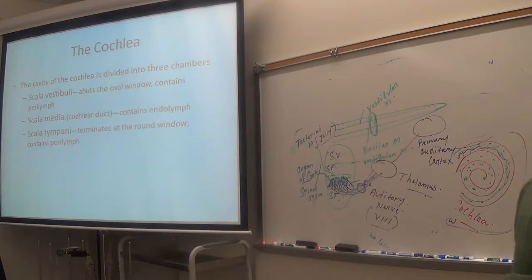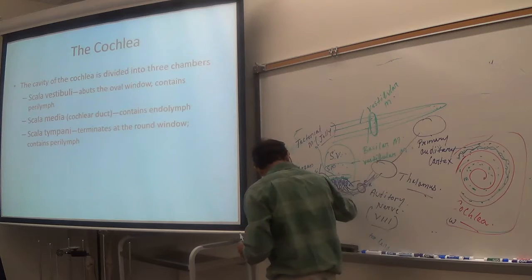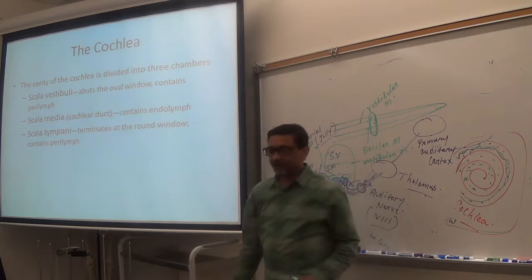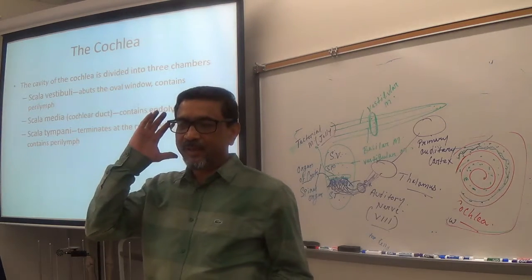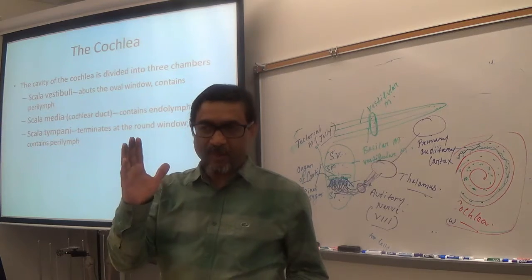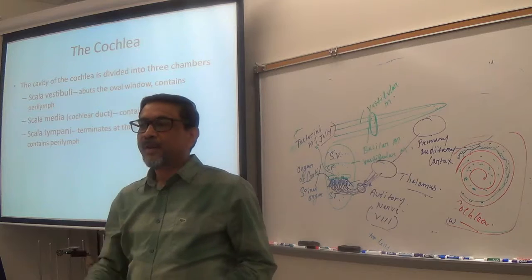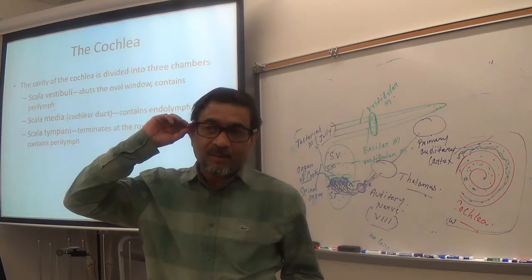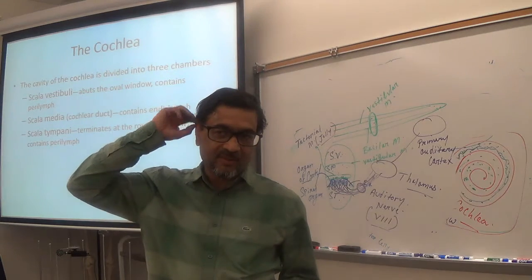Let me quickly go over so you will remember better. So, again, quickly, ear has how many parts? 3. Outer ear, middle ear, and inner ear or internal ear. Okay. Outer ear consists of the pinna and the fold helix, right?